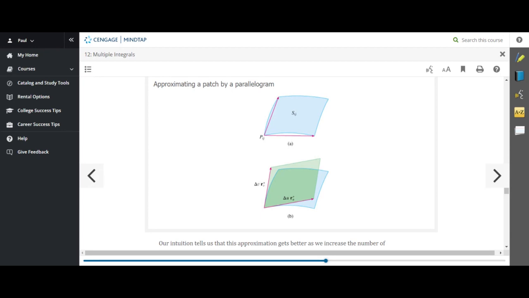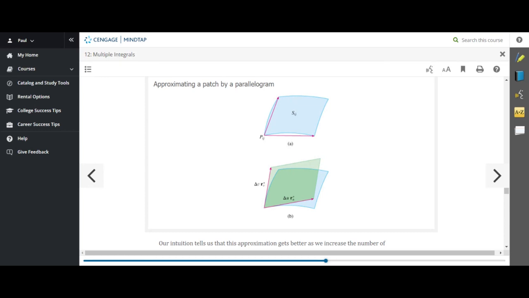You'll have a very small parallelogram that has these tangent vectors r sub u, r sub v that are adjusted in length by multiplying by the little delta u and delta v values. And those vectors themselves will form a very small parallelogram that will approximate the surface area of the patch very nicely.